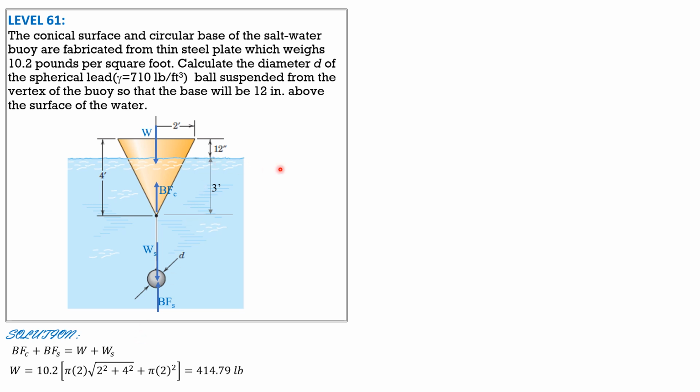Remember, this is 3 feet, and the volume displaced by similar solids is: volume displaced over 3 cubed equals volume of cone over 4 cubed. So the volume displaced, which is V sub C here, over height cubed, equals the volume of the cone, pi radius squared over 3 times height 4, over 4 cubed. So the volume of the portion that is submerged in salt water is 2.25 pi cubic feet.